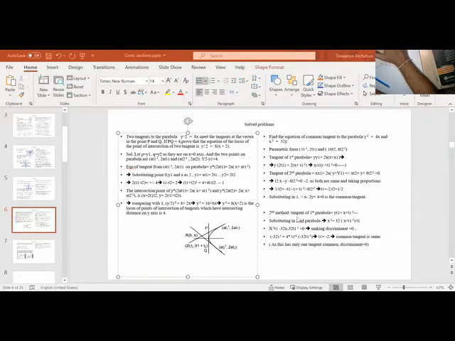For this, my discriminant should be 0, because there is only one point common to both parabolas. So the discriminant b square minus 4ac, where b is 32 square, a is t1, c is 32 t1 square. When I equate my discriminant to 0, I get t1 equal to minus 2. So the common tangent is for t1 equal to minus 2.